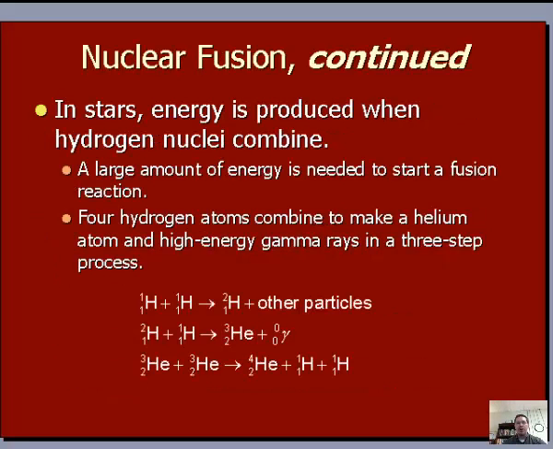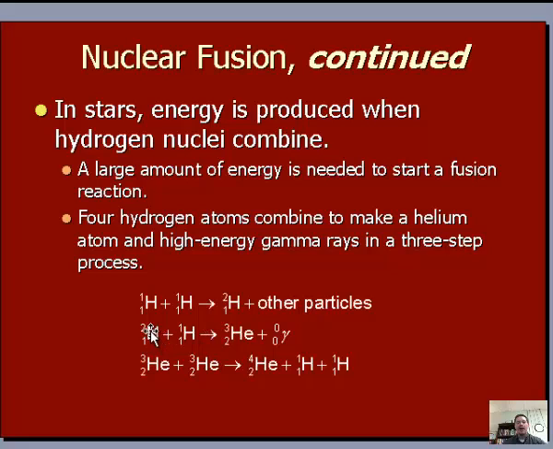In stars, such as our own sun, energy is produced when hydrogen nuclei combine. A large amount of energy is needed to start a fusion reaction. So 4 hydrogen atoms can combine to make helium atoms and high energy gamma rays in a 3-step process. 2 hydrogen 1s combined forms hydrogen 2 plus some other particles.